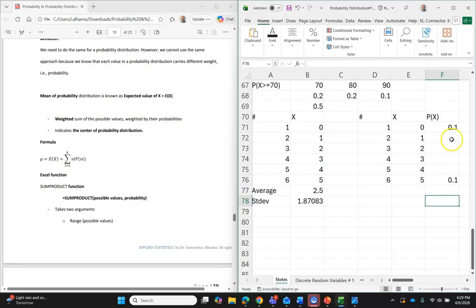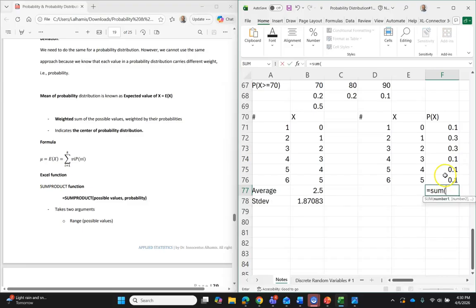And then 0.3, that's 0.5 already, and then 0.3, and then 0.1, and let me give this one also 0.1. Let's sum the probabilities and see if they sum up to 1.